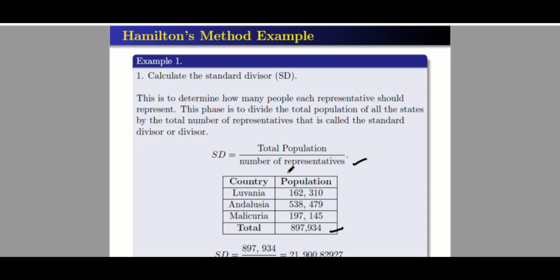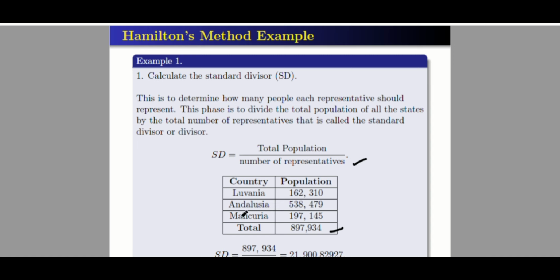By just looking at this population, we can infer that Andalusia must receive a larger number of representatives, because it has 538,000 people. By proportion, it must have a larger number of representatives.